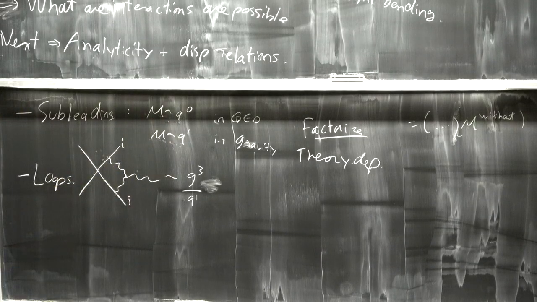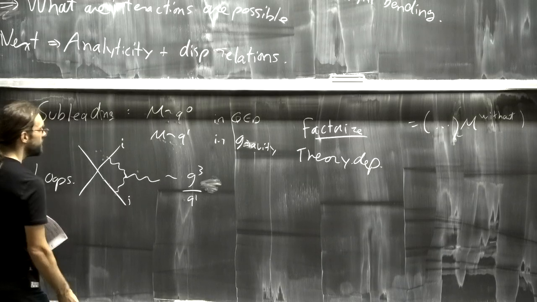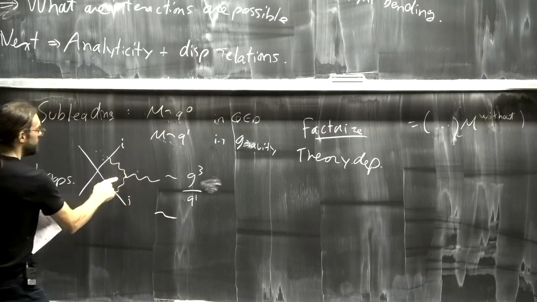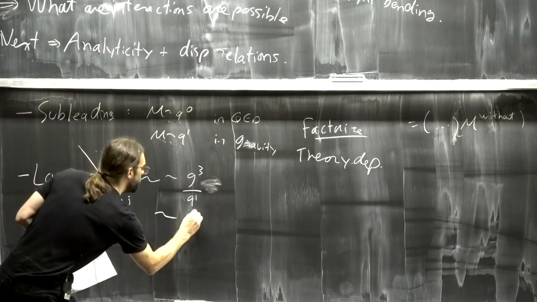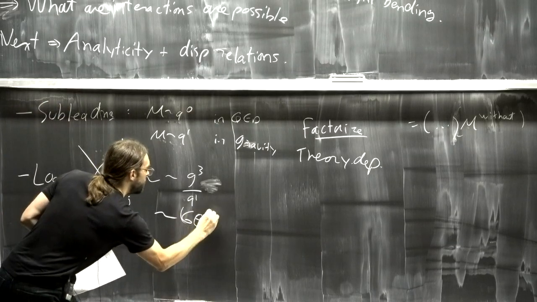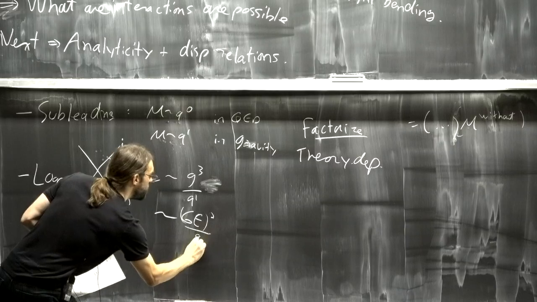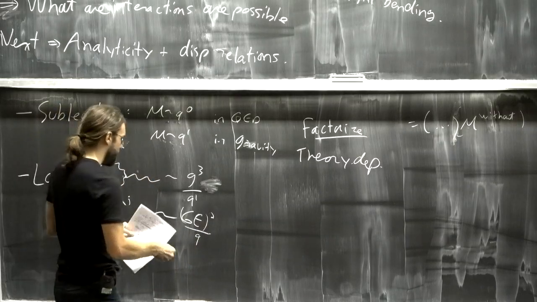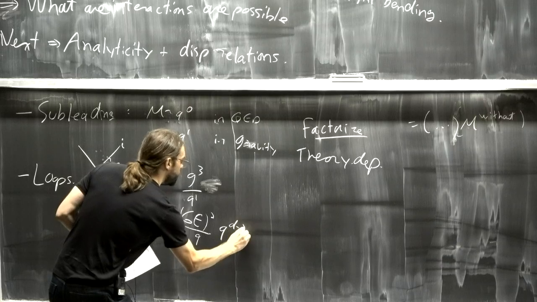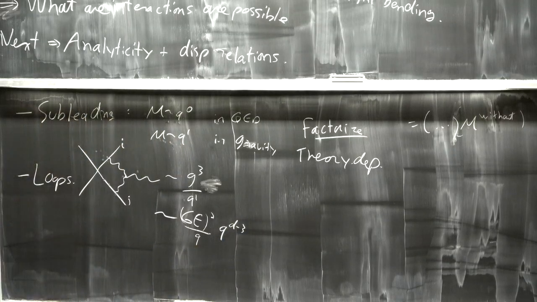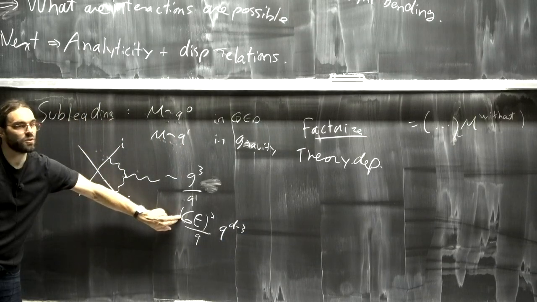In gravity, the analogous thing, because gravity has a dimensionful constant, would give you something that goes like g times some energy squared. The leading behavior will have a 1 over q, and here you add a q to the d minus 3. So you get subleading powers.